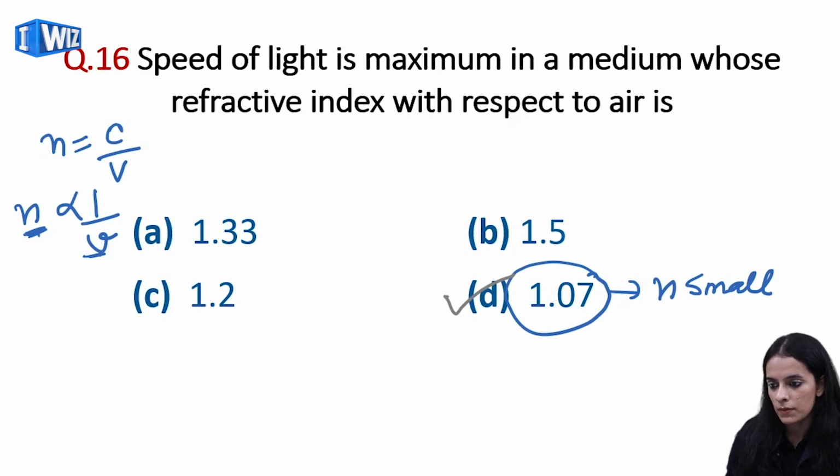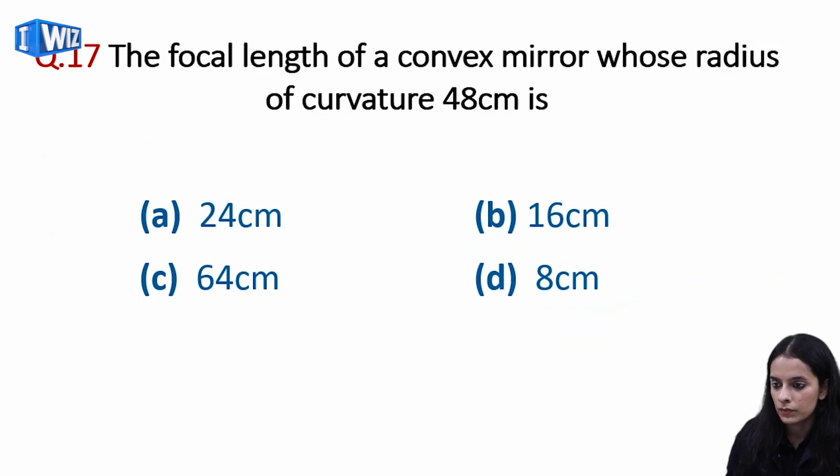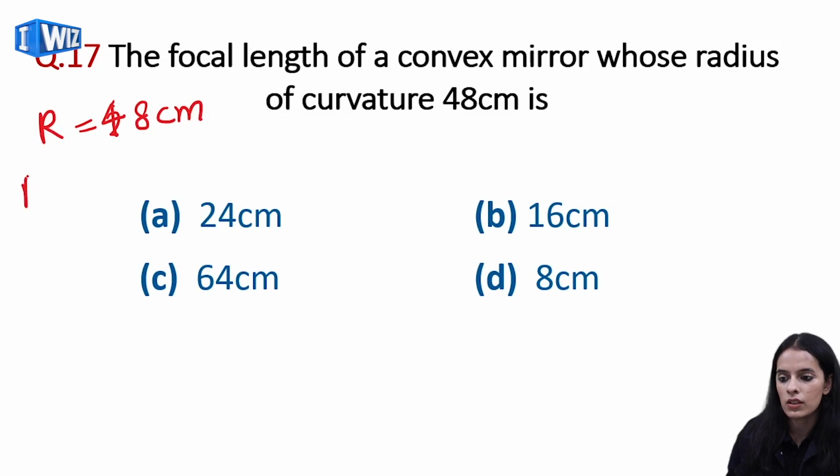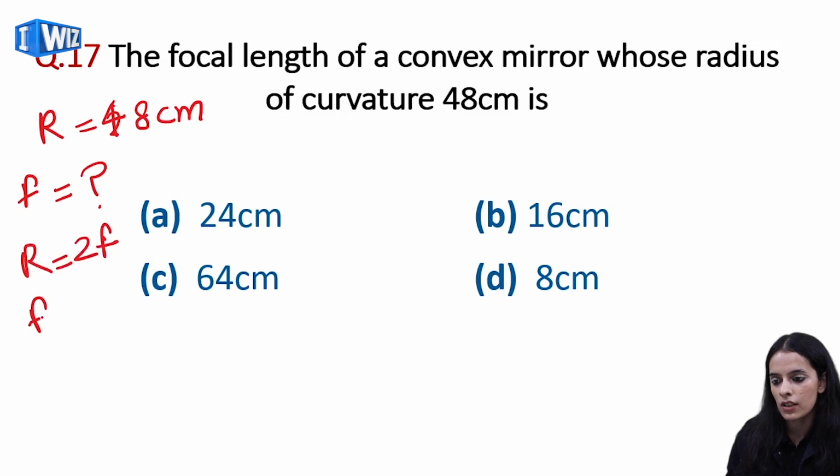Now come to the next one. The focal length of a convex mirror whose radius of curvature is already given to you. Radius of curvature is 48 centimeter. You have to find the focal length. We know that R is twice the focal length, and focal length is half of the radius of curvature.